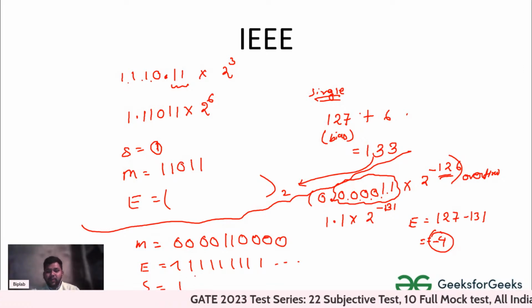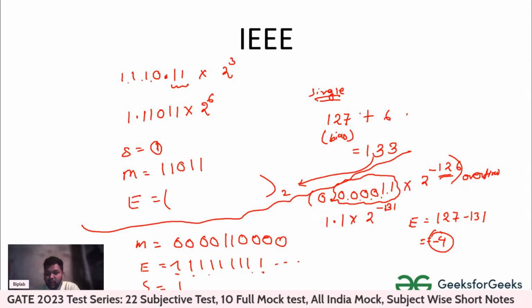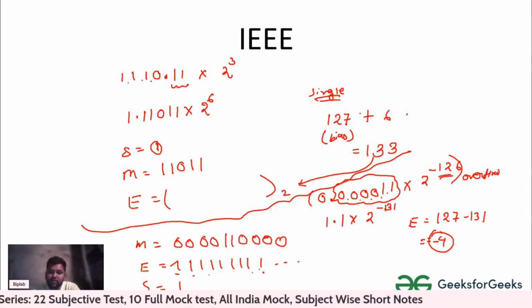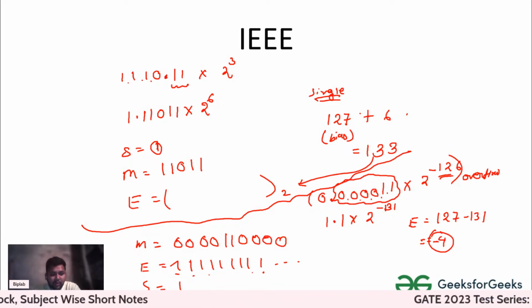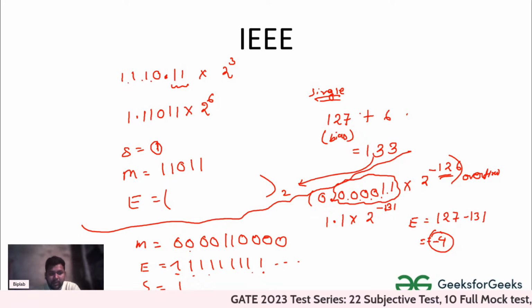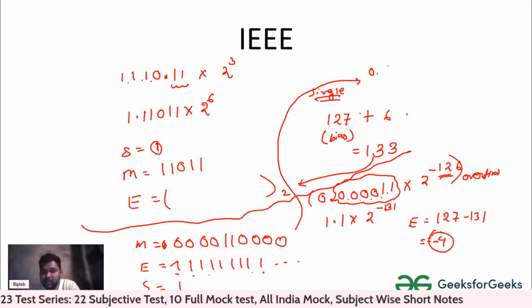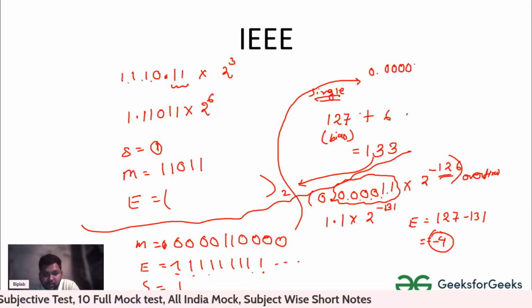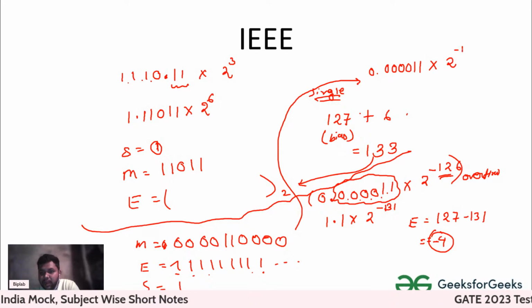Now when you fetch your number, since you see the exponent as all 1s, you will understand this is a denormalized number. And when you understand this is a denormalized number, you will not write 1.m. You will write 0.m. So when you fetch it from here, you will simply write 0.0000011 into 2 to the power minus 126.